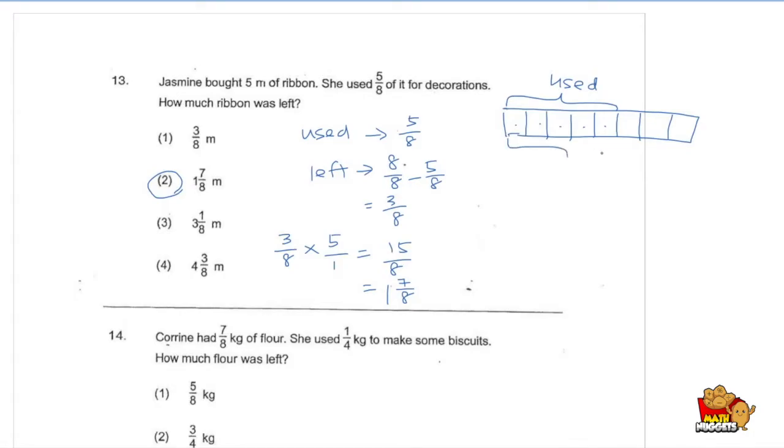And in total, what she bought is 5 meters. So we can also look at it this way, that 8 units is 5 meters. In order to find 1 unit, it is 5 divided by 8, which is 5 out of 8. And the leftover will be this portion here, which is 3 units.